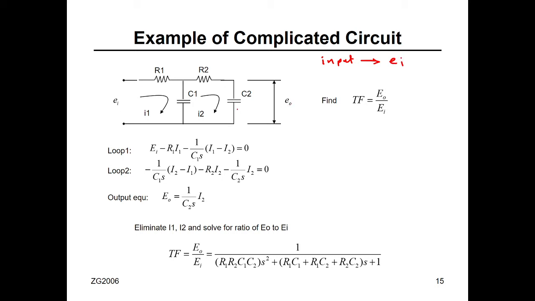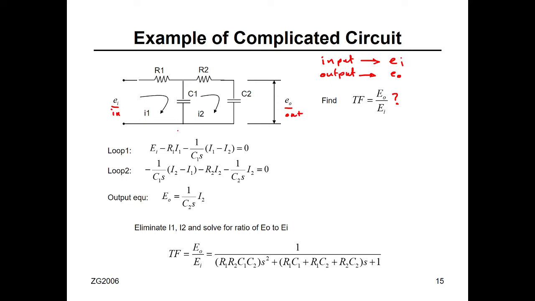And the output is the voltage across C2. This is the output, okay? This is the input. Find the transfer function, E out over E in.